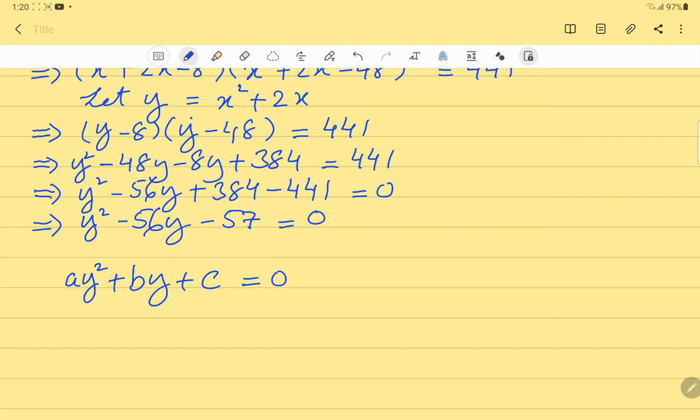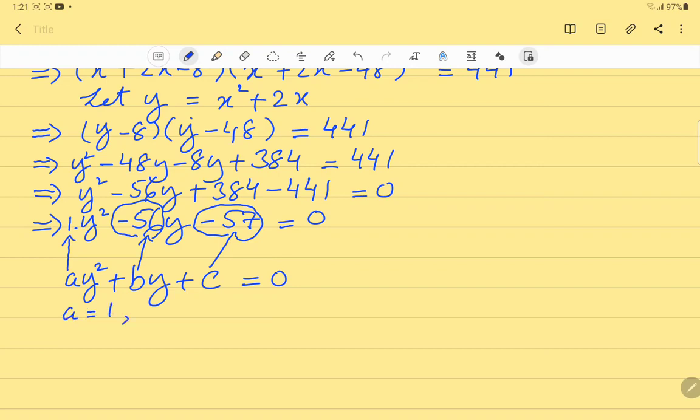Since there is no coefficient of y squared here, it means it will be 1. So a is equal to 1 and b is equal to minus 56. Again and again I am reminding, please don't miss the sign if it is negative. And c is minus 57.